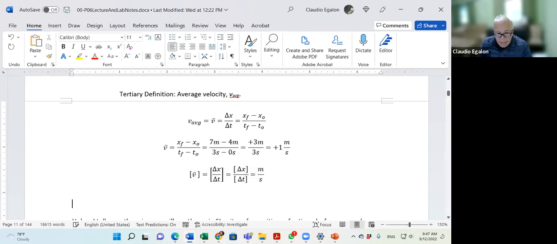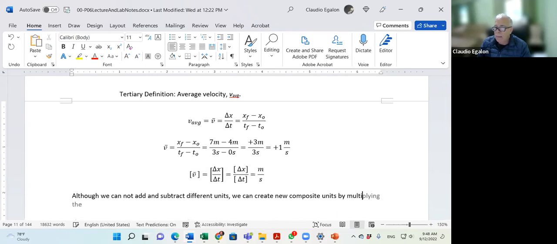Okay, so let me write that down here. Although we cannot add and subtract different units, right? We can create new composite units by multiplying and dividing them.